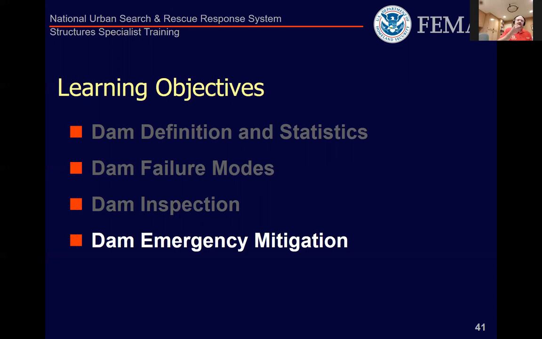If you're doing it with a team, you can do patterns. What I would do, if I'm out there with another structure specialist, if there's two of us or less, if it's just me, like when we did the Muscatatuck Dam, I just sent one guy out. If you have your GPS, you can turn your tracks on and make sure you walk the whole face, and you can mark waypoints.